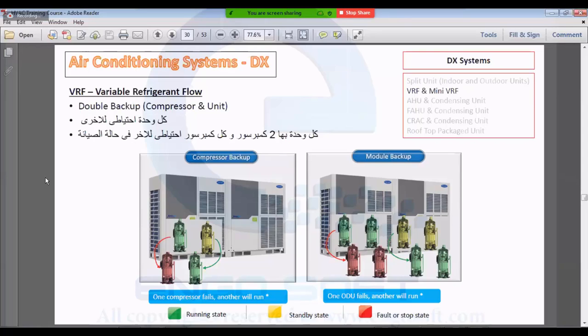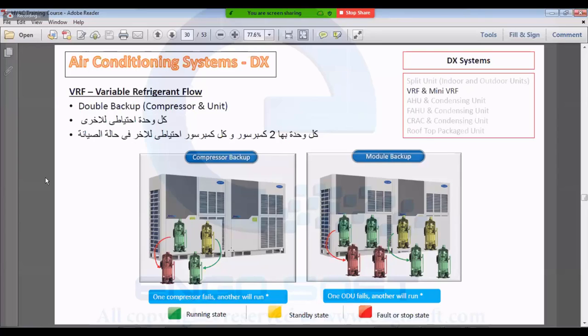I was the one doing the survey, so I am familiar with the VRF system. If everything clicks, probably we will be the ones to install the VRF system in that factory, inshallah.